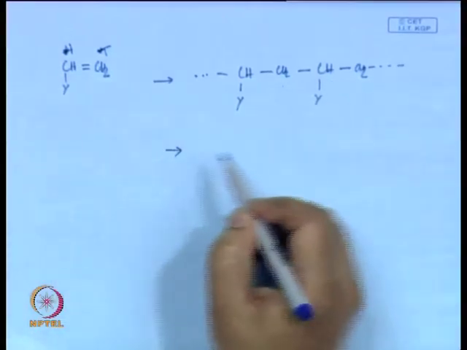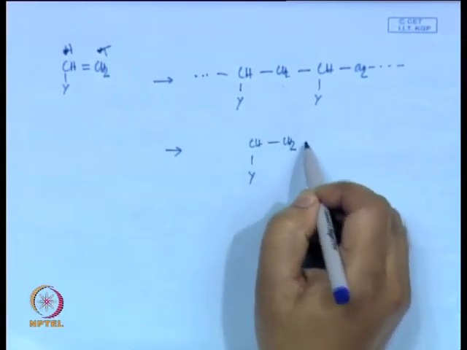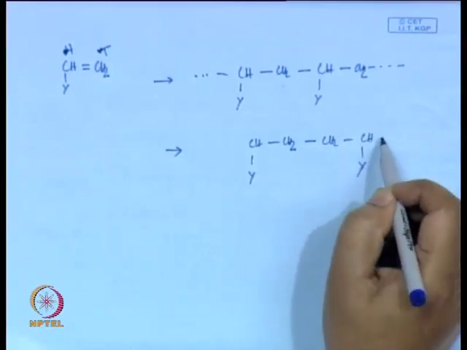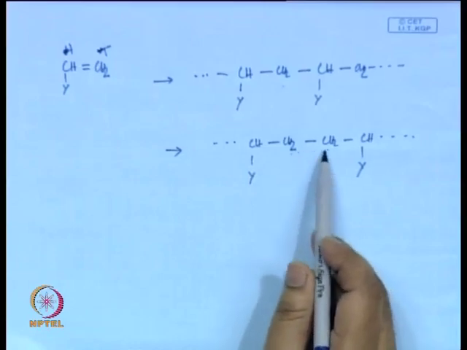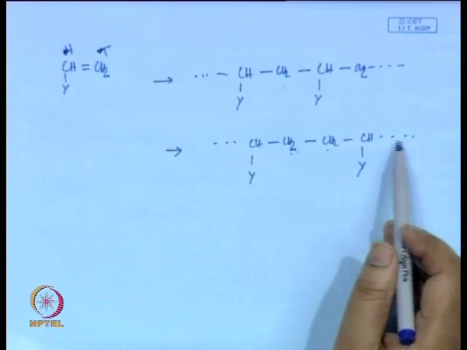Now, these polymers can also be imagined like this, where head and head are linked, and then the tail and tail are linked to the next monomer.